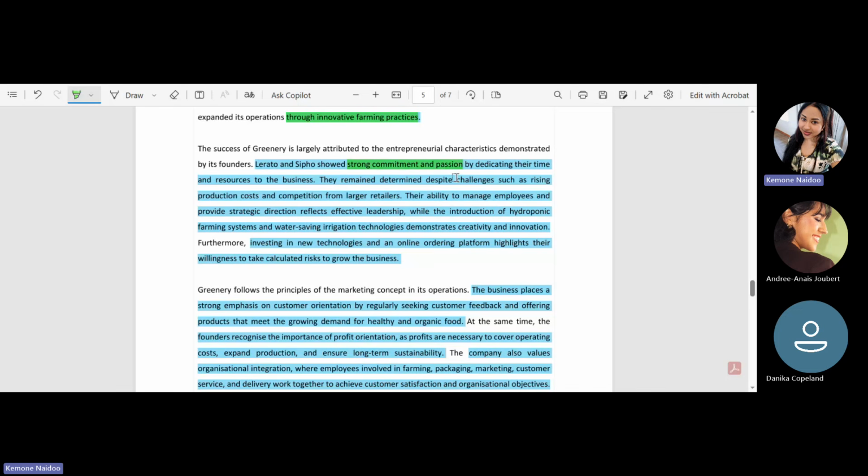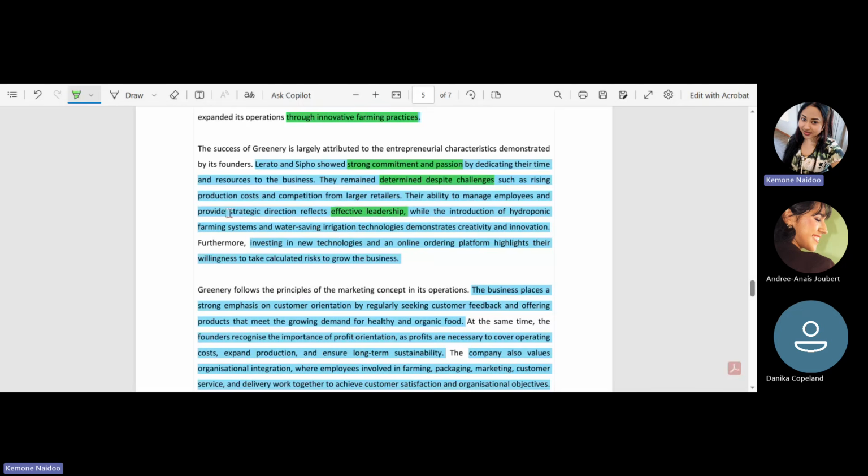So that's one characteristic. We also have dedicating their time and resources. Okay, and then you can say determined is here as well. Determined despite challenges, shows determination. That's another one. Okay, then you also see the word effective leadership.